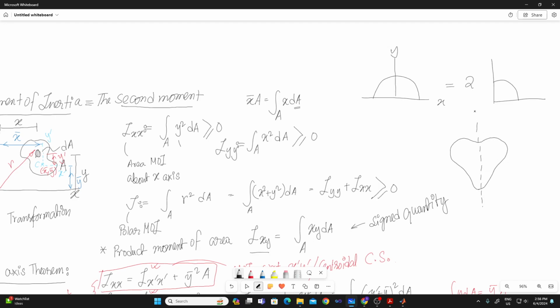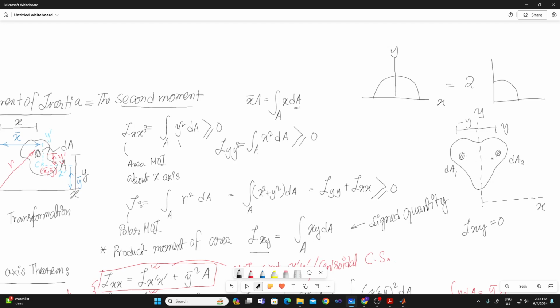Let's say this is the y-axis, and the x-axis could be anywhere. So for this one, Ixy would be 0, because for every differential area which has a positive y, there will be a minus y for an equivalent differential area. So if there is a dA1 over here, there is a dA2 over here, exactly equivalent to it.